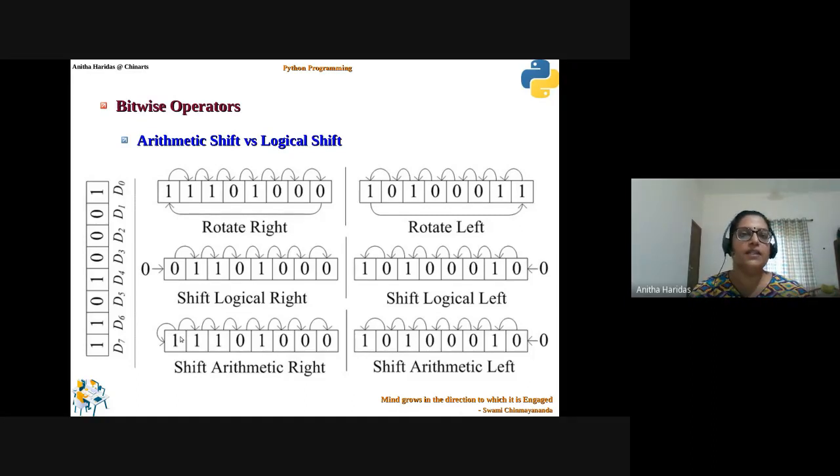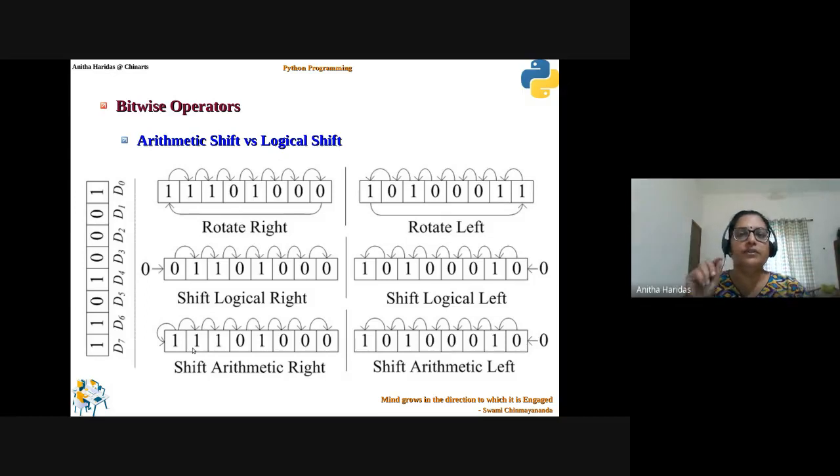If I have 1 in the most significant bit, all of you know that it will be considered a negative value. So if I want an arithmetic shift right, you have to shift in the value which is available in the most significant bit. If I have 0, no problem. It is similar to logical right shift. But if I have 1, it will be a negative value, so you have to fill it with 1 itself.